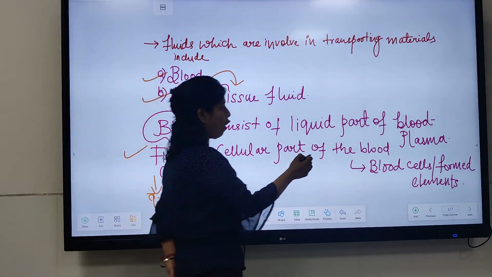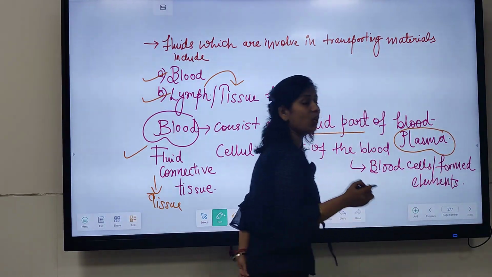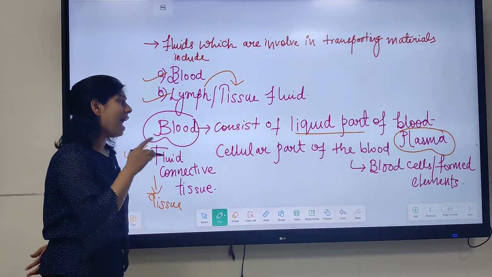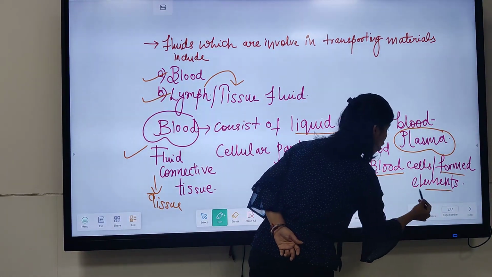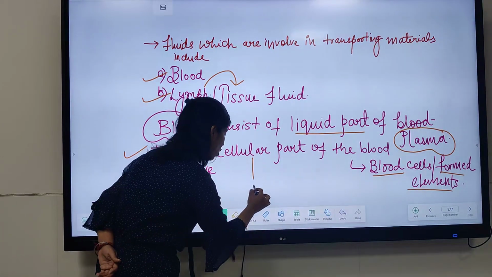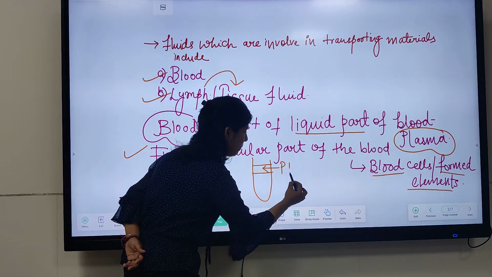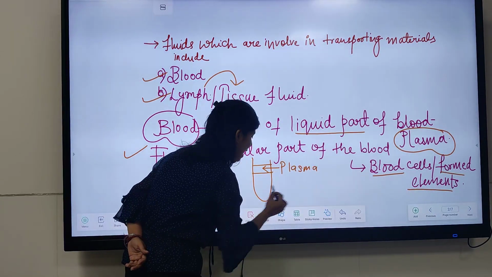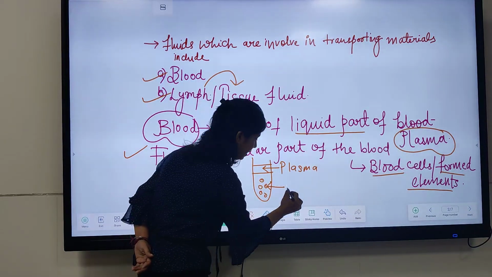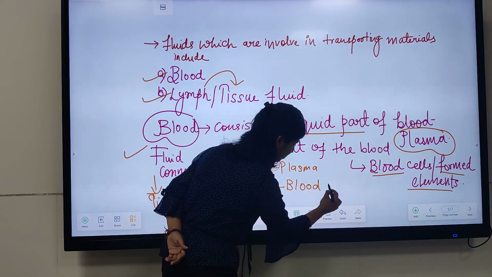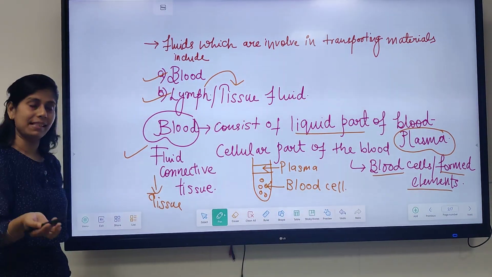It consists of the liquid part of the blood, which is known as plasma, and the cellular part of the blood, which is known as blood cells or formed elements. Let me draw the structure here. This will be plasma, the liquid part of the blood, and the elements left behind apart from the plasma are known as blood cells, formed elements, or blood corpuscles as well.